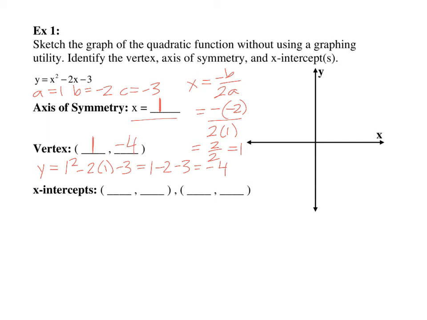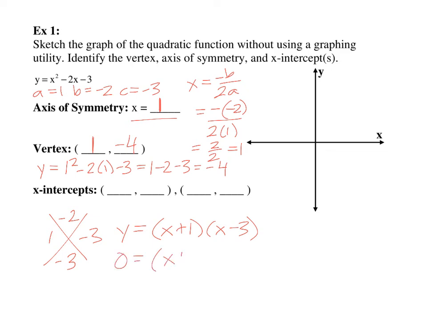Now I need to figure out the x-intercepts, and to do that, I'm simply going to factor. I need to find two values that add up to negative 2 and multiply to give me negative 3. That's going to be 1 and negative 3. So I get y is equal to x plus 1 times x minus 3. And now to figure out the intercepts, you simply set y equal to 0 and then solve for your x values.